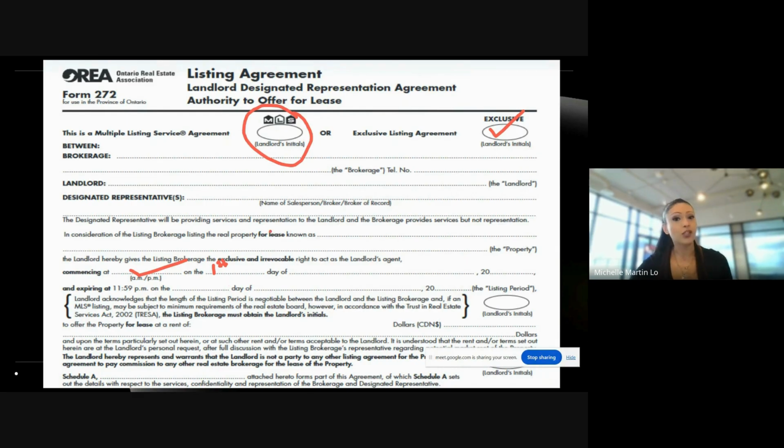If you get this whole contract signed with this date, that means it has to go live at that time. But it's not going on MLS at that time. So as of right now, for this time period, it's going to be an exclusive listing, until it comes to the time that you're supposed to have this listed, then you will be doing an amendment and having it changed to MLS.